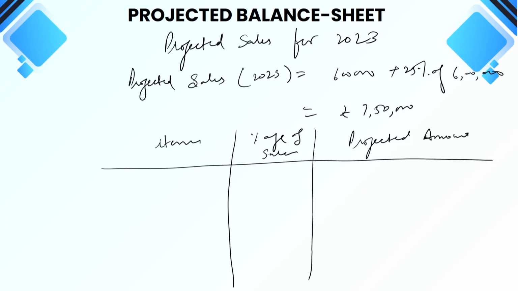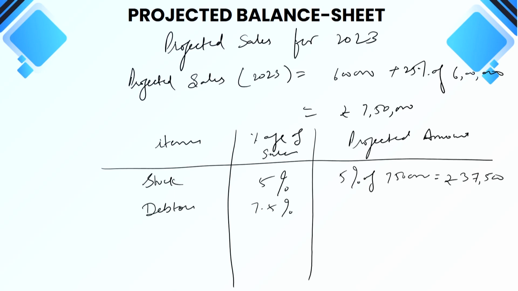As we just calculated, the stock is going to be 5%. So here it would be 5% of 7,50,000, which comes to 37,500 rupees. Then we have the debtors, 7.5% of 7,50,000, which comes to rupees 56,250.